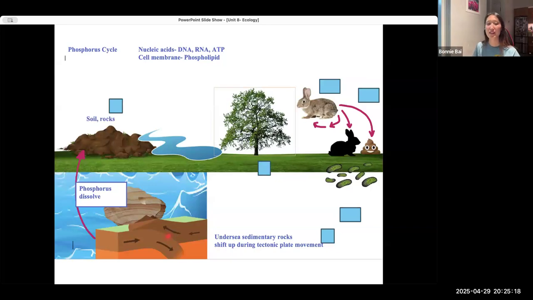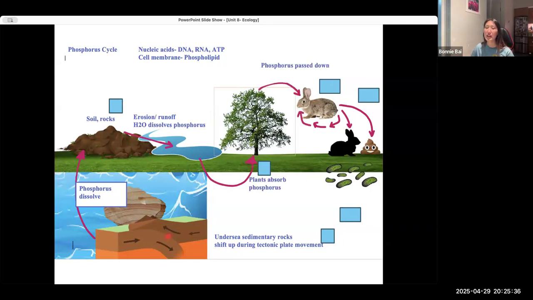Anyway, so there's phosphorus that is dissolved in the water, which is great. But if there are soils and rocks that have phosphorus in them, they go through water runoff relating to the water cycle, and that makes it easier for the plants to absorb that phosphorus. And then the phosphorus gets passed down the food chain whenever you're eating anything that has DNA in it.